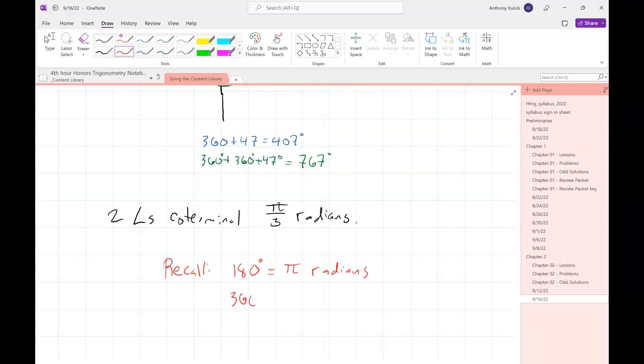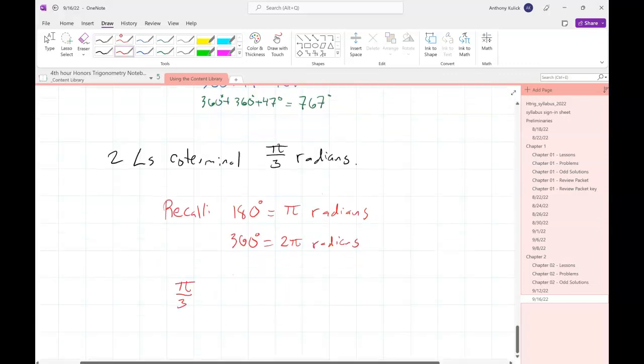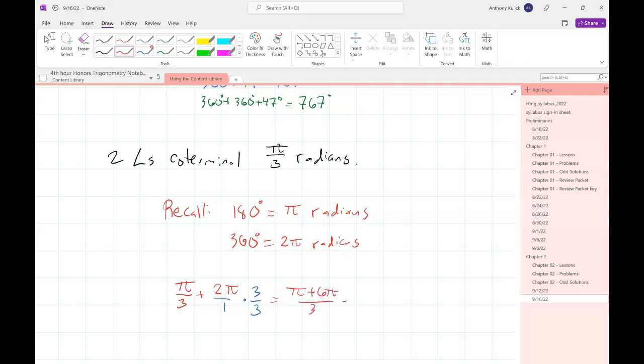So clearly, if I multiply both sides by 2, 360 degrees is the same as 2 pi radians. Everybody agree with that? So I can just take pi over 3 and add 2 pi to that. To add those two things together, what do I need? Common denominator? Yeah, that's exactly right. That common denominator would be 3. So I end up with pi plus 6 pi all over 3, or 7 pi over 3.